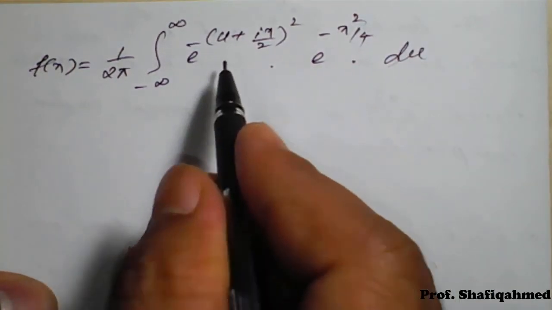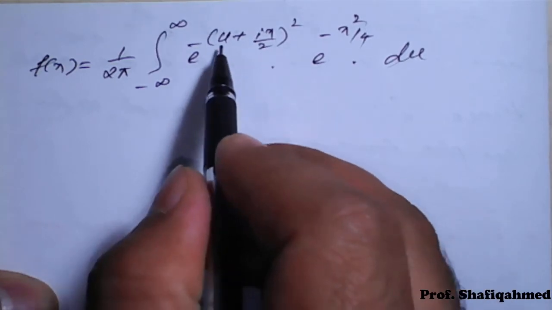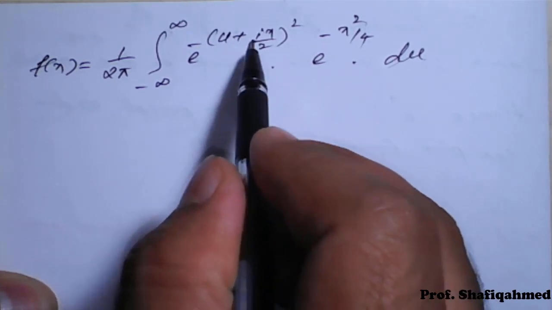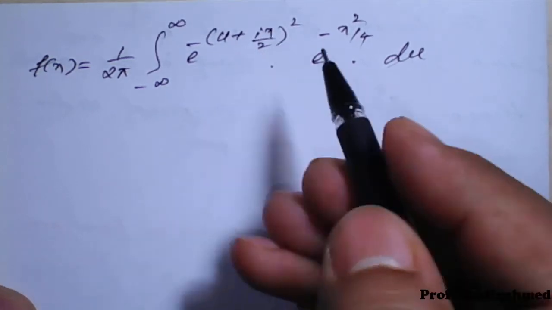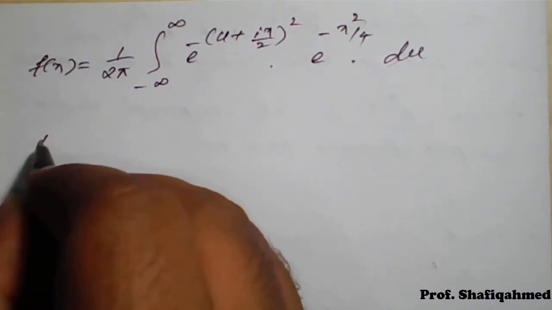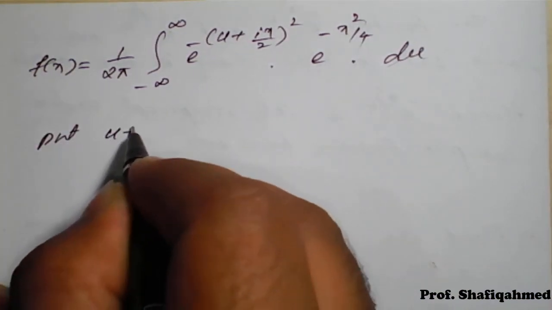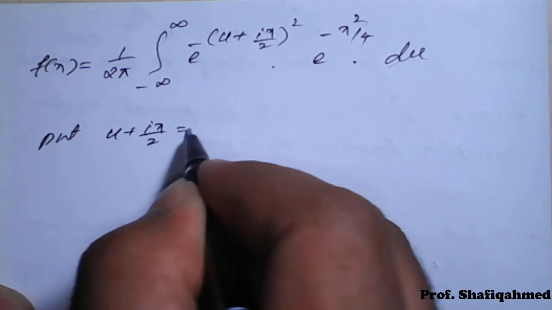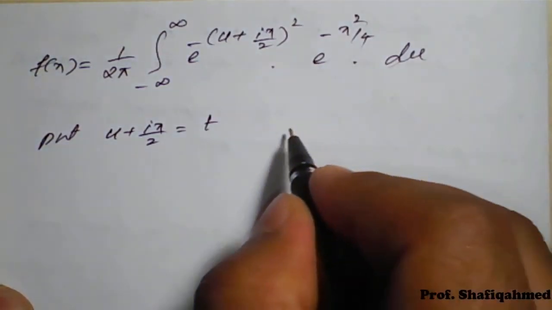So once we separate, now we'll go for the substitution. We'll substitute u plus ix upon 2 as t. Put u plus ix upon 2 is equal to t.